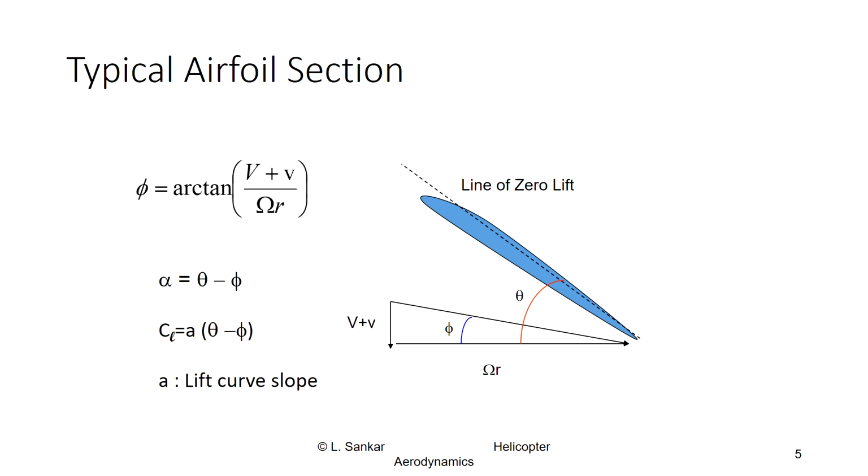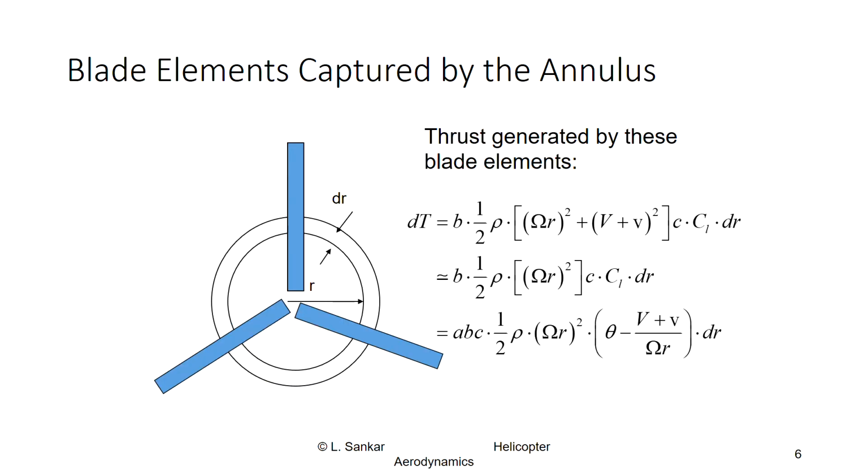Now, we know how much CL it is generating, so let's see how much lift, or thrust, it is going to generate. So I have B blades. So B, we have to multiply everything by the number of blades. Each blade has a strip width of delta r. So the delta thrust is number of blades times 1/2 rho times velocity squared.